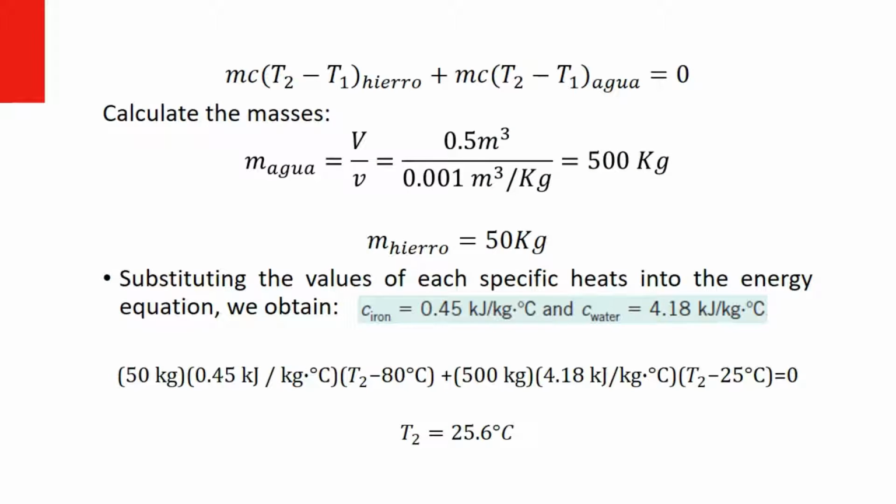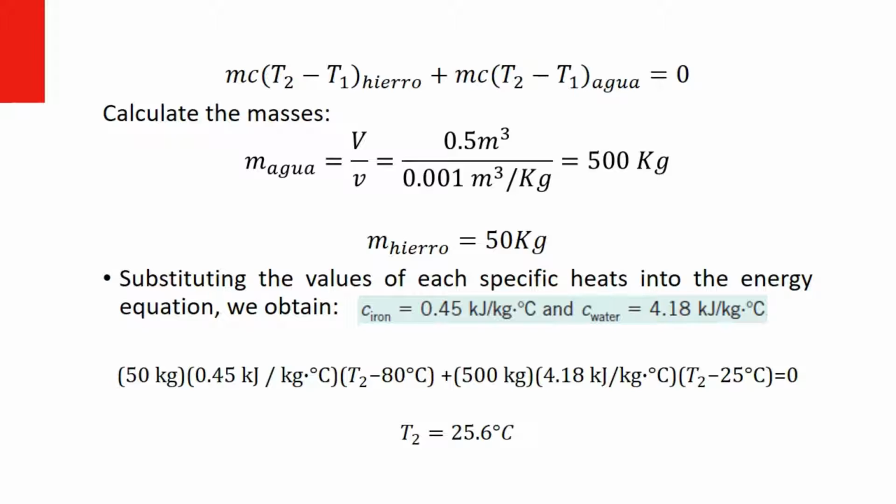Then we know that the variation of internal energy of the iron and of the water is equal to its mass times its specific heat and the variation of the temperatures.